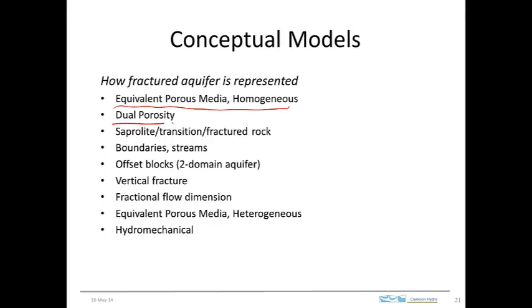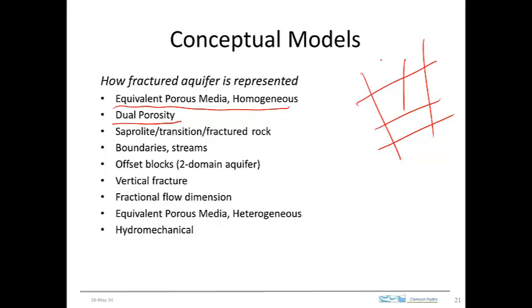This conceptual model here, the dual porosity conceptual model, assumes that you have a fractured system like this, and the fractures cut through a matrix of rock that has a porosity to it that can be appreciable.